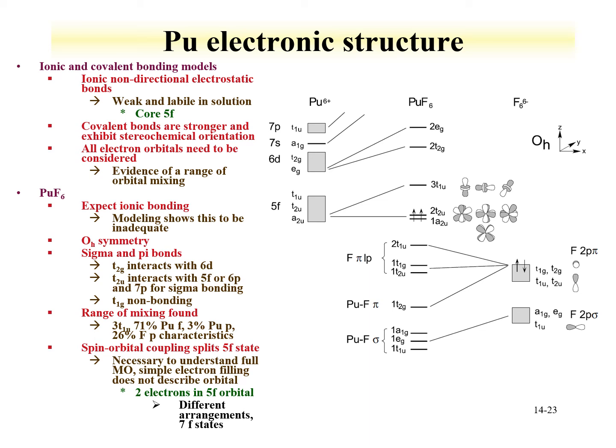There's a range of mixing, including the contribution of plutonium f and p orbitals, along with the p orbitals from the fluorine. The spin-orbit coupling splits the 5f state, and this is a necessary component to understand the molecular orbitals and the resulting electronic orbital filling.